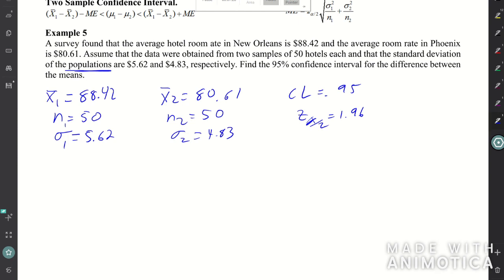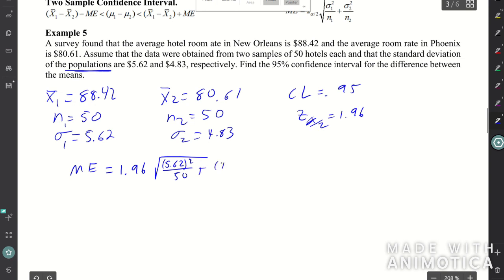Now the margin of error formula is slightly larger, but nonetheless doable. So 1.96 times the square root, I'm going to take the given standard deviation, 5.62, and square it, and divide by 50.